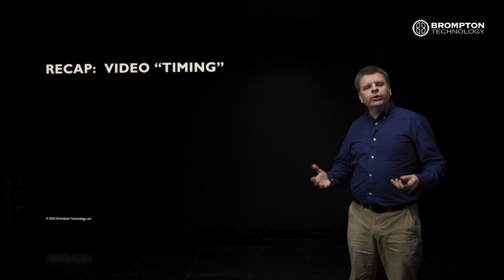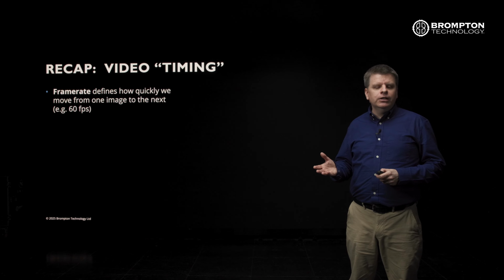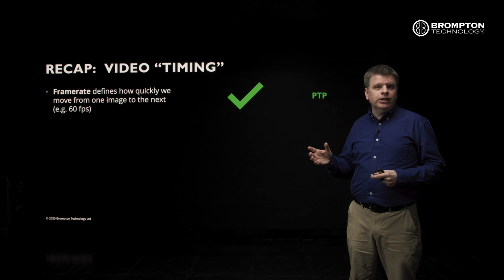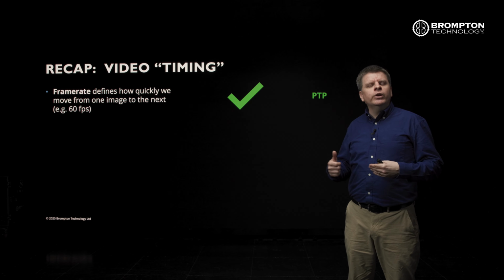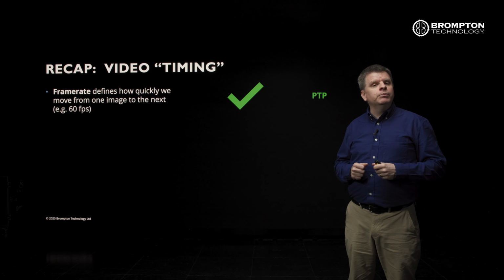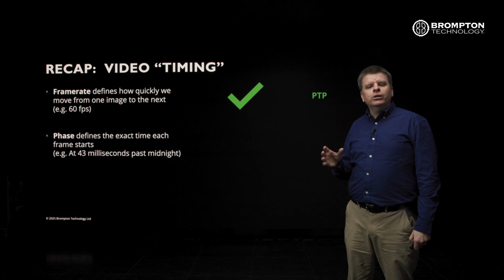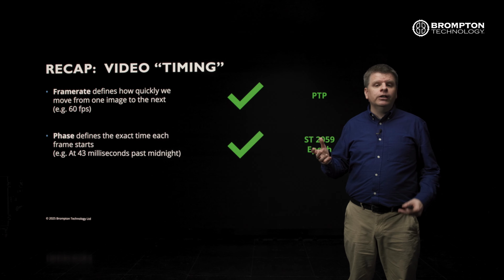So, when we're talking about video timing, we've said there are three aspects. There's the frame rate, and we've said we can cover the frame rate over IP using PTP. Let's all agree what the time is, how fast it's advancing. We then have the same concept of what that frame period is. We also then need to agree on phase, and the way that we agree on phase is by referencing back to the SMPTE 2059 epoch.